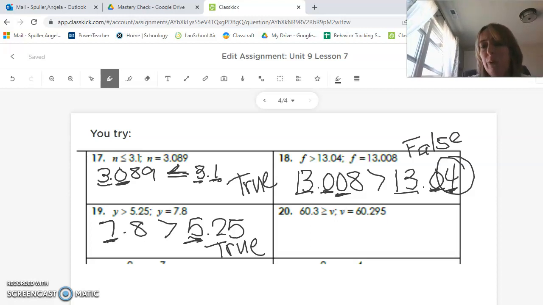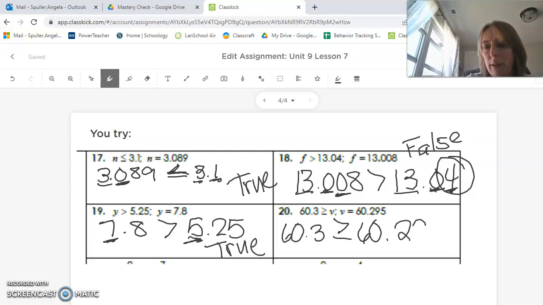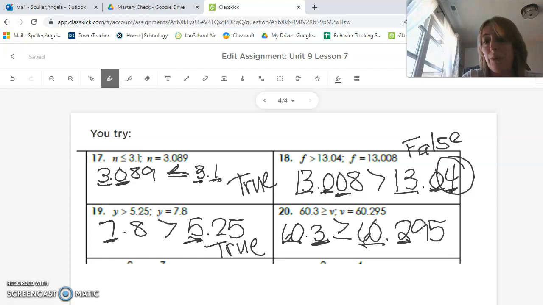All right, 60.3 is greater than or equal to V. V is 60.295. We know they're not equal because they're not the same. They both have 60 in front of the decimal. Here I have a 3 in the tenths place and a 2. Well, 3 is greater, so this is true also.